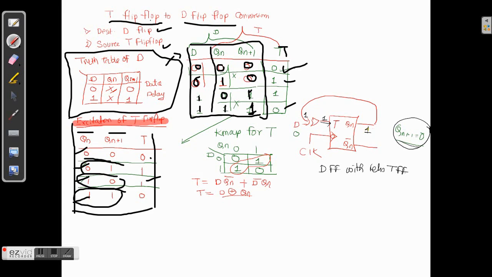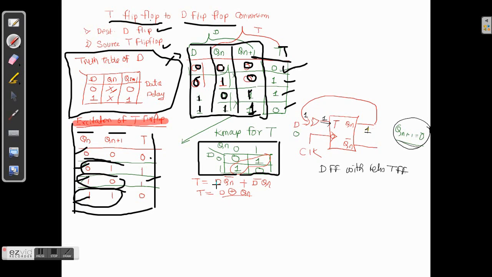Now after writing this table, we have to plot the K-map for T. So we have to take two inputs, D and Qn. By using these inputs D and Qn, we find the equation.